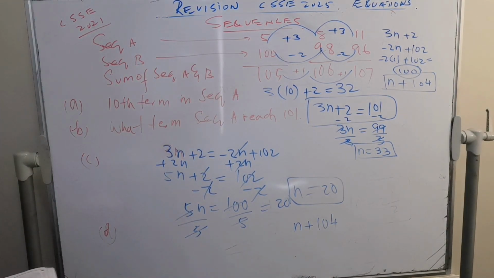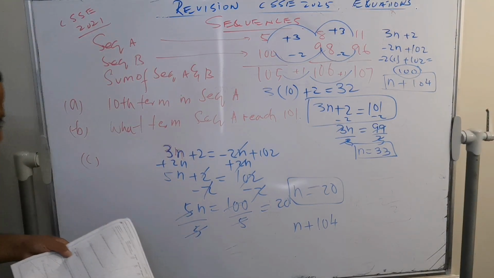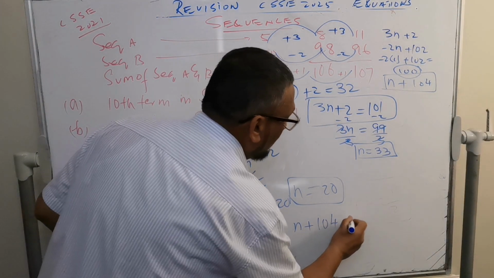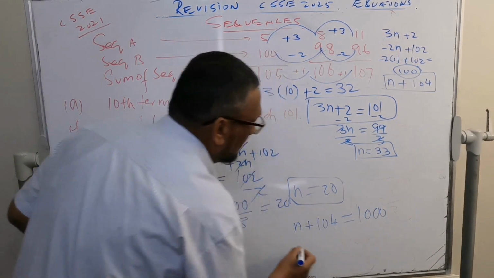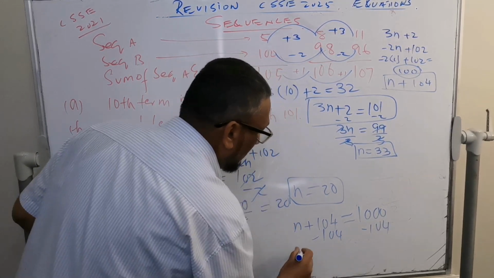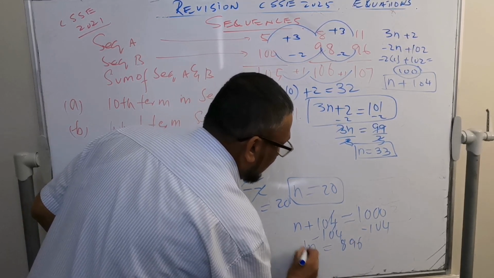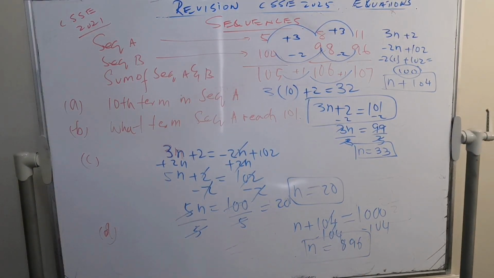So it says what would be the term where the sum of the sequence A and B equals 1000. So equal to 1000. Very simple. Subtract 104 from both sides. So it means n equals 896. So this is the application of basically equation. So you can work it out easily if you know the concept of equation.